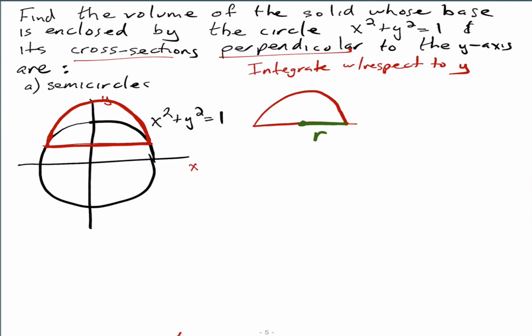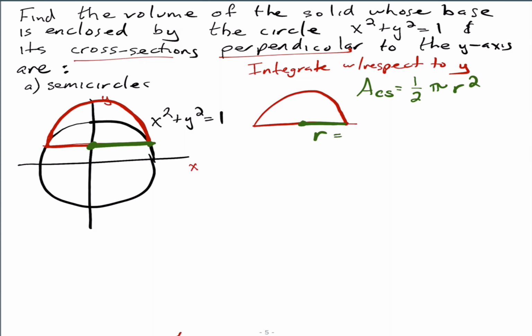So the area of the cross section is equal to 1/2 pi times the radius squared. So it's half of a circle. Okay, so then all you need to do is figure out this distance right here, this green line that I drew. What is the length of that line?